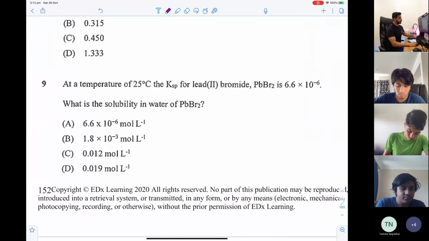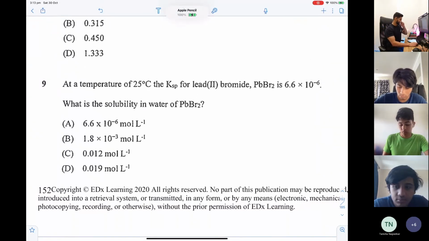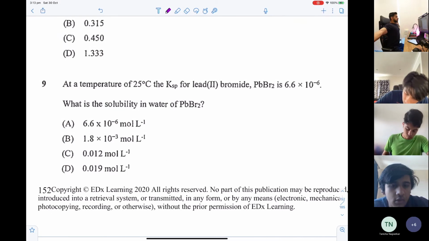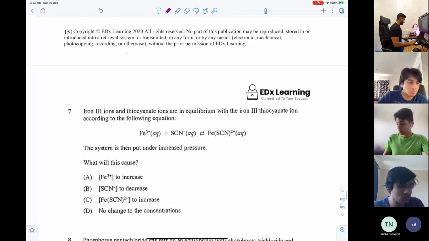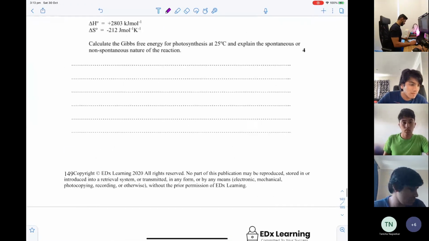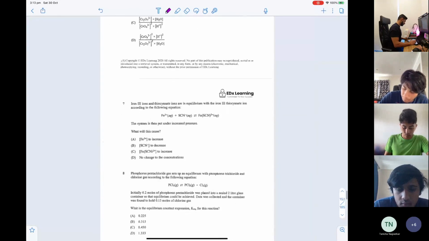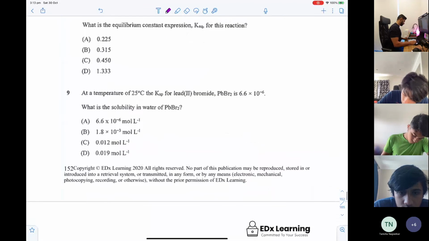This is going to be a final warm-up, and then you will go to a slightly different question after this. So you can maybe write this as, which paper is this? 2019 Independent. Question 9.